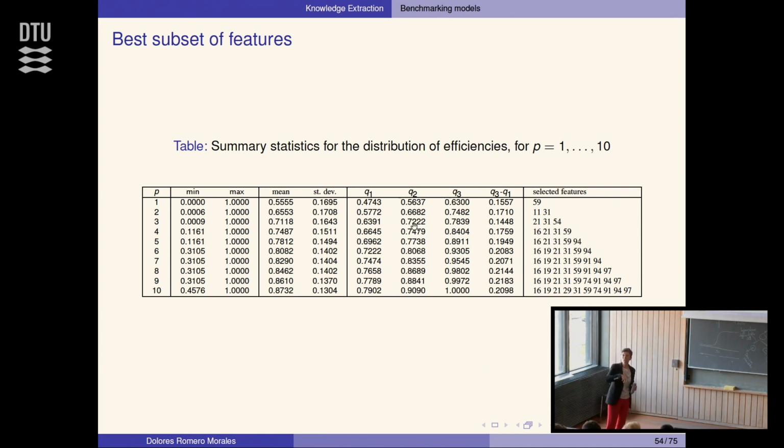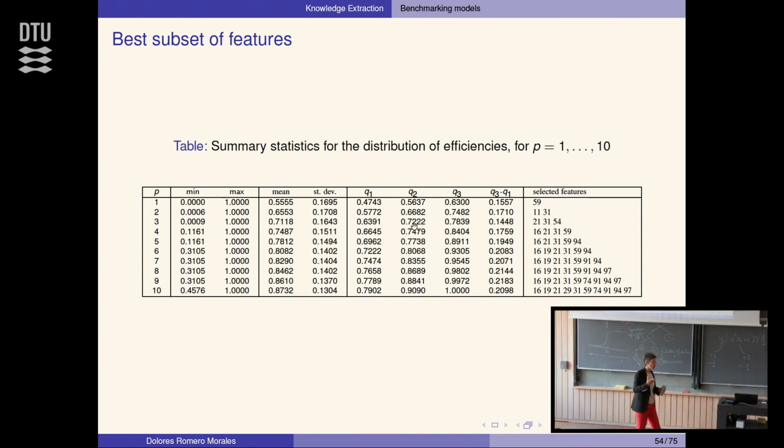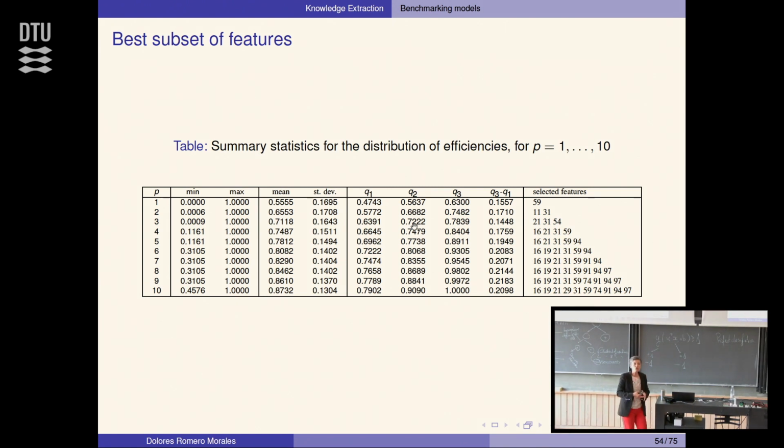So we try to integrate this into the model. Also, we gave him the possibility of generating these features using different objective functions, to see whether this set of features was very different if you used a different objective function.